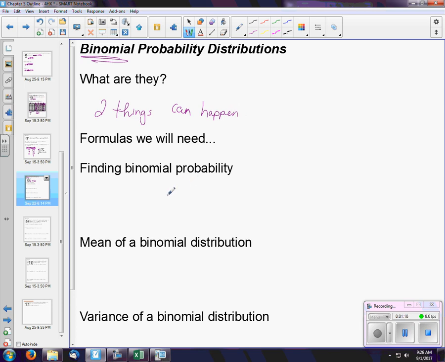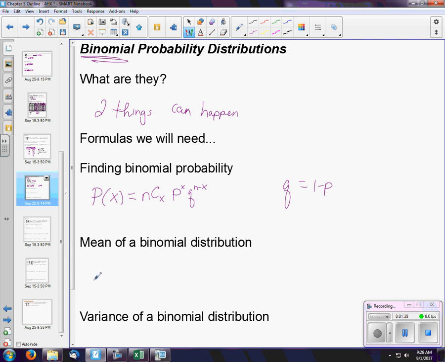To calculate binomial probability, we have the formula, and this uses combinations, which we learned about in chapter 4. So the probability of event x occurring is equal to n choose x, p to the x, q to the n minus x. Q is always equal to the complement of P. So if P is 0.2, then Q would be 0.8 because I have to add up to 1.